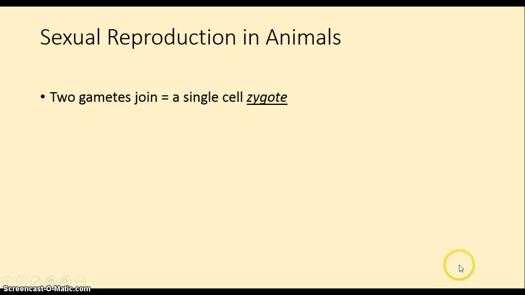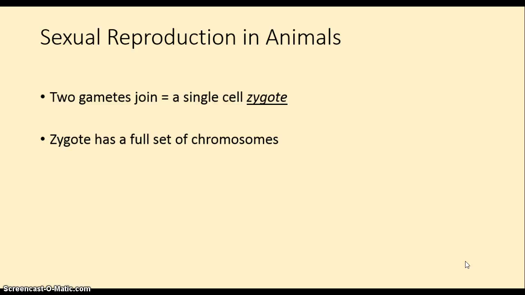So sexual reproduction in animals is when 2 gametes join. When 2 gametes join, they create a single cell called a zygote. The zygote has a full set of chromosomes and is the first cell of a new individual.